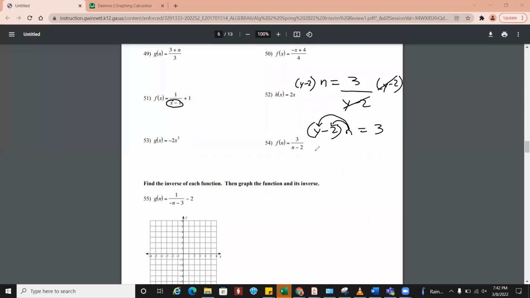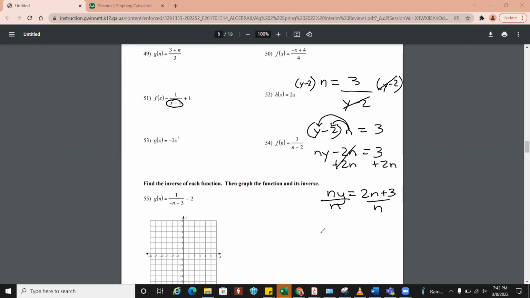Okay, so we're going to multiply n times y minus 2n equals 3. We want y by itself, so we're going to move that 2n to the other side. So that's going to give me ny equals 2n plus 3. Still want y by itself, so we're going to divide by n on both sides.